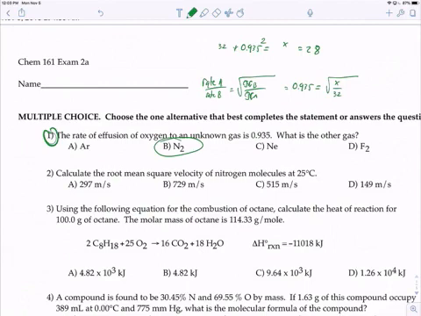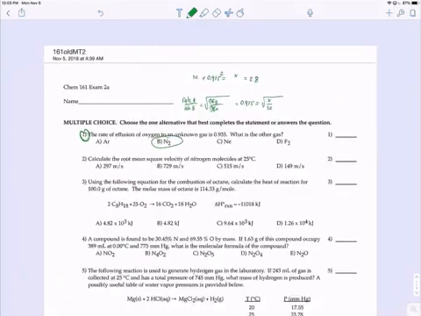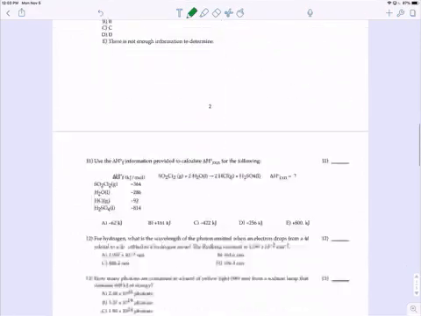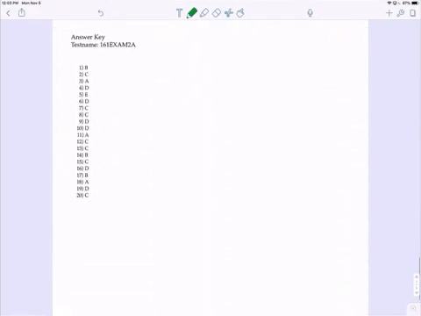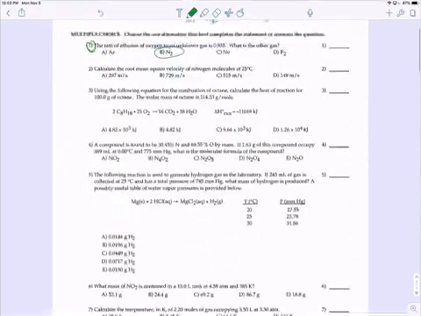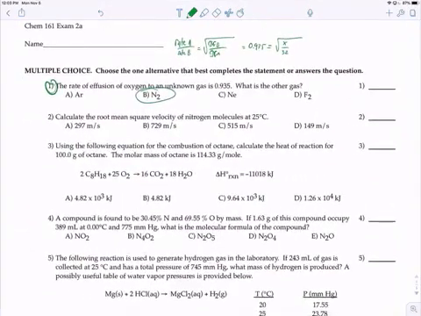Oxygen is O2, 16 times 2, 32. And nitrogen is N2, 28, 14 times 2. And the answers are also on the bottom here. So, questions? How to do that?